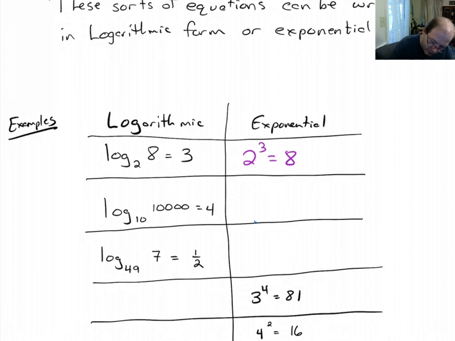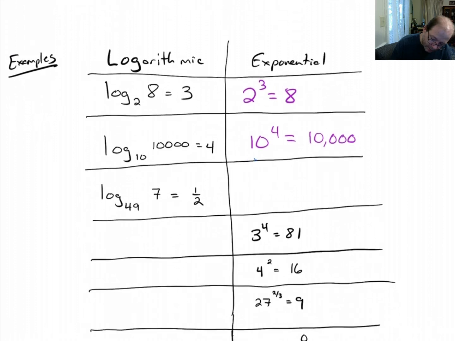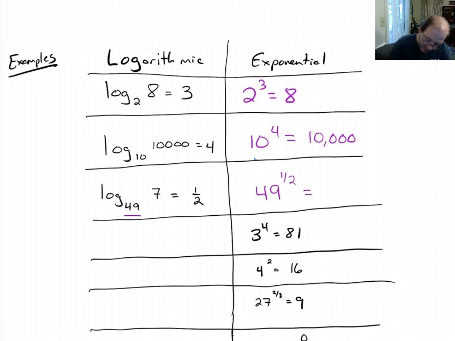One thing to keep in mind here, 2 is the base over here, so 2 is going to be the base over there. This right here is going to be 10 to the 4 equals 10,000. Log base 49 of 7 is 1/2. That's the same as 49 raised to the 1/2 is 7.